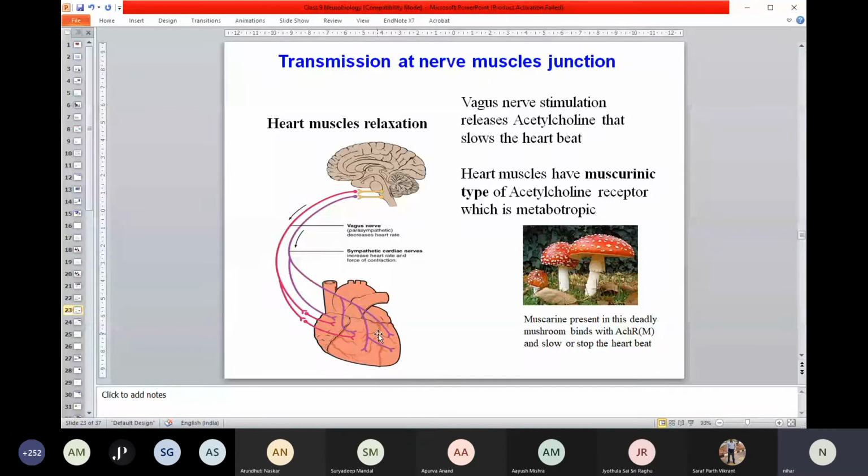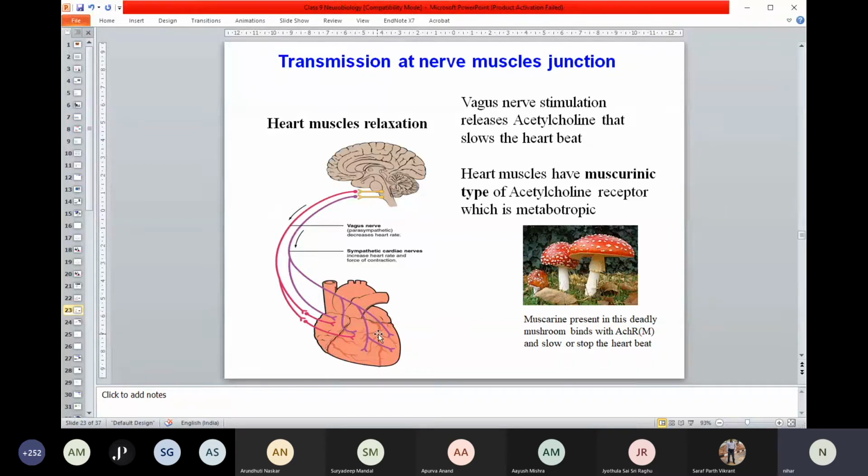In skeletal muscle, it causes contraction, right? Don't get confused. But in heart muscle, acetylcholine causes relaxation. That's a completely opposite effect. So now you can ask how the same neurotransmitter can have two different kinds of effects: in one muscle contraction, in another muscle relaxation.